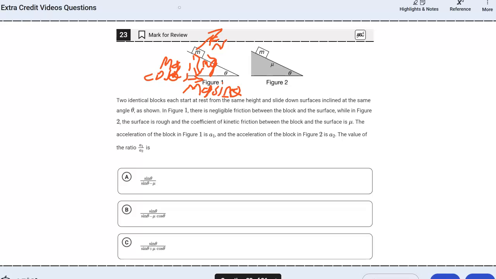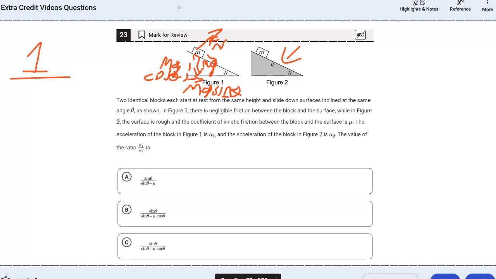And it'd be the same for this one here. The only difference is that there's friction on figure 2. So our FBD will look a little different, and we have to figure out how it's going to affect our acceleration. So let's set up just figure 1.